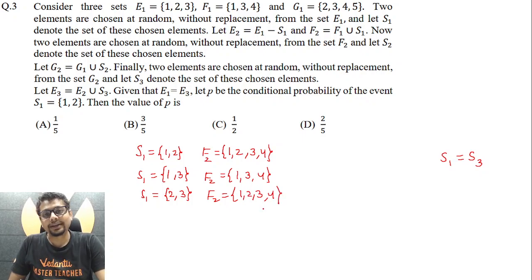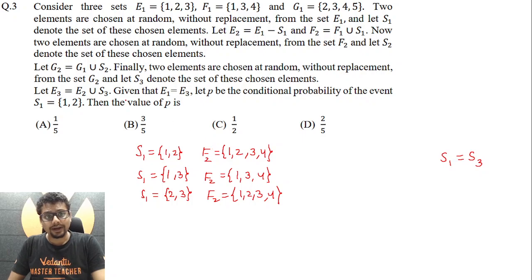Recollect that we have already seen that for E1 to be equal to E3, S1 is supposed to be equal to S3. Now S3 is chosen from the set G2, which is basically G1 union S2. G1 has elements 2, 3, 4, 5, and S2 is a set of 2 elements chosen from F2.